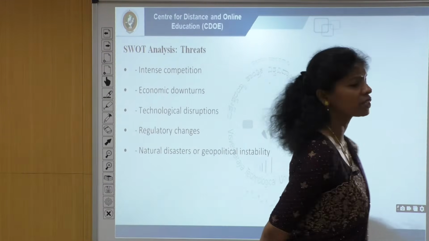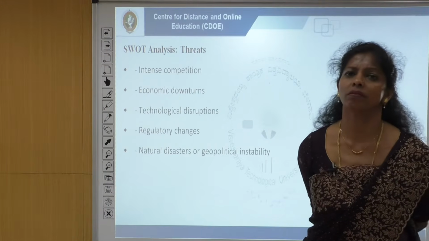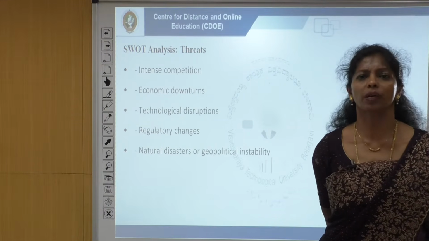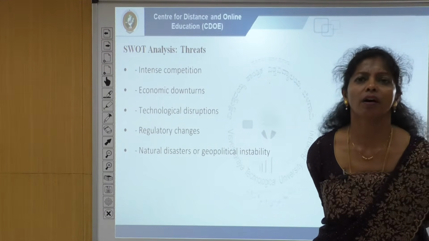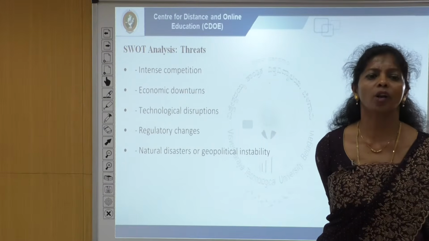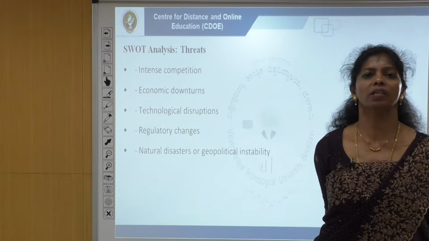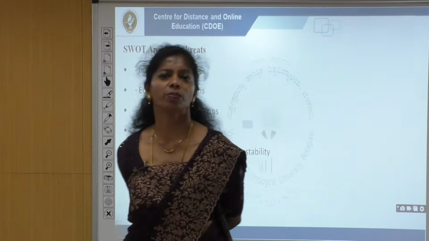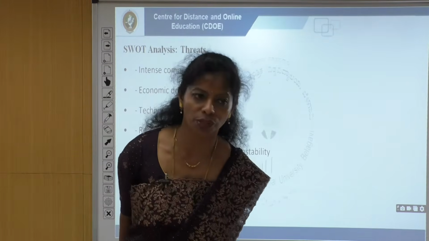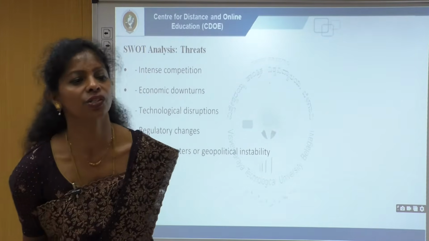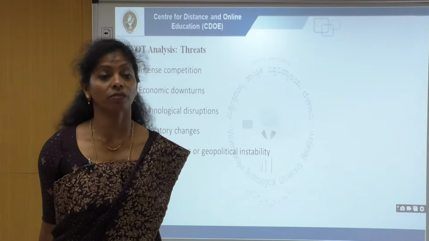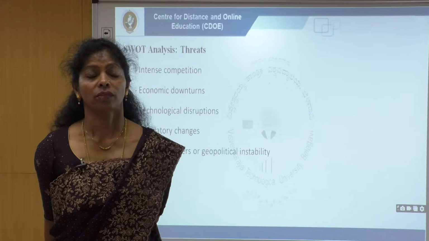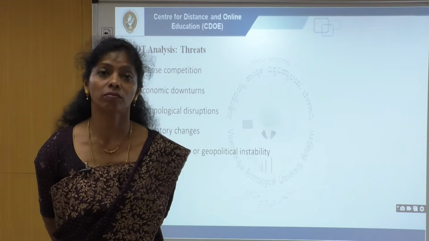When the country itself is not doing well, how can you expect the company to do well? The company may be doing well, but you may not find the economy stable. Technological disruptions, advancements in technologies, there can be disruptions also. Regulatory changes, natural disaster. In Tamil Nadu, all of a sudden there was a tsunami.